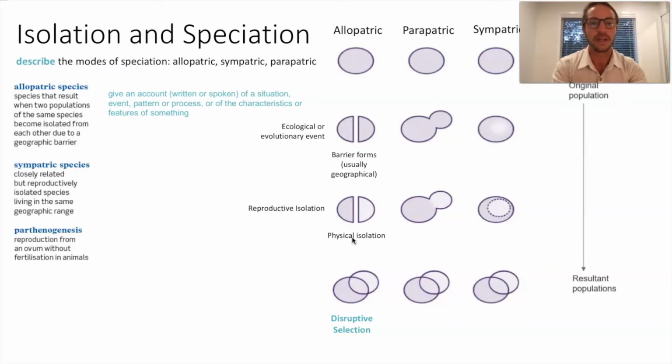It's when we have a situation where a subset of the population enters a new niche. And this may be because a new niche opened up for whatever reason. Maybe one species was outcompeted. Maybe there was an extinction event that happened. And in doing so, they form what is called niche isolation.